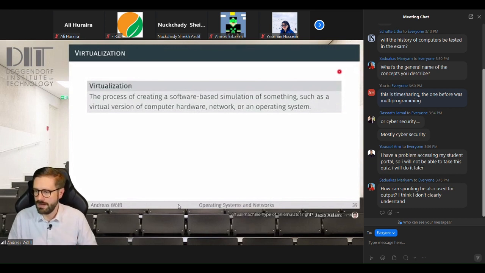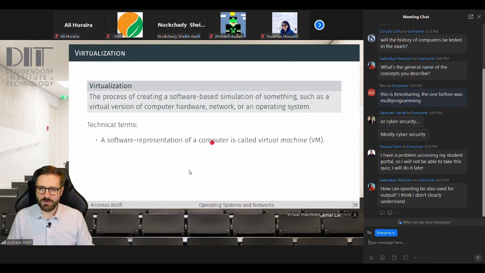You can virtualize RAM. And you can create a software-based simulation, emulation of a whole computer. And this is what we call a virtual machine. So we are able to do this simulation for a computer, for a network, even an operating system.